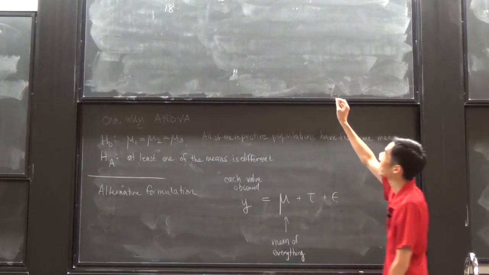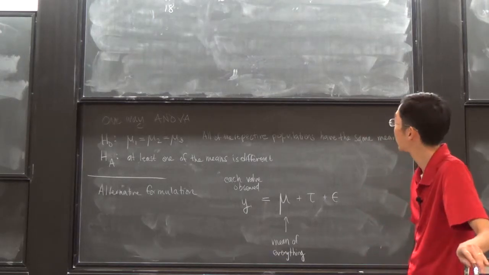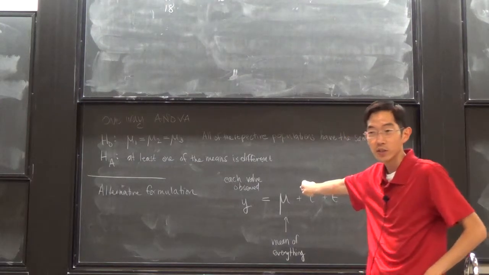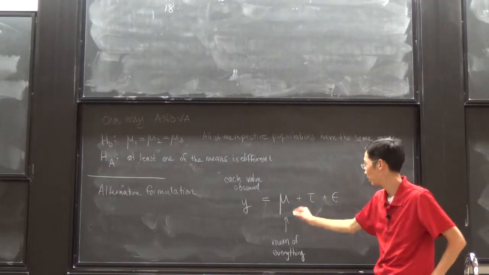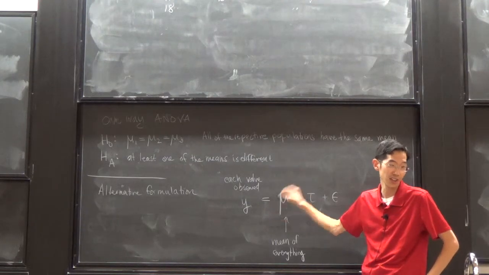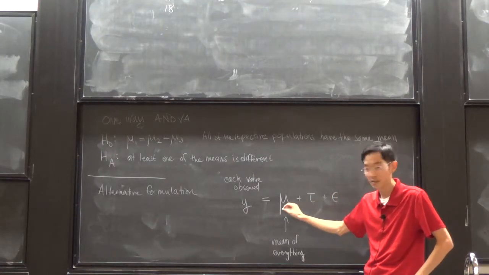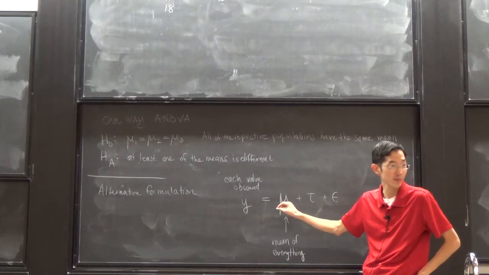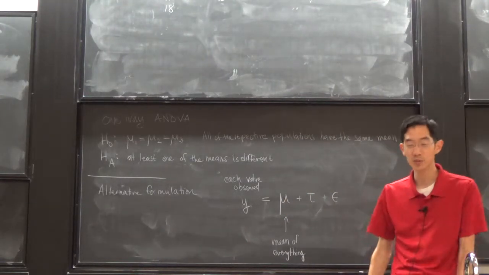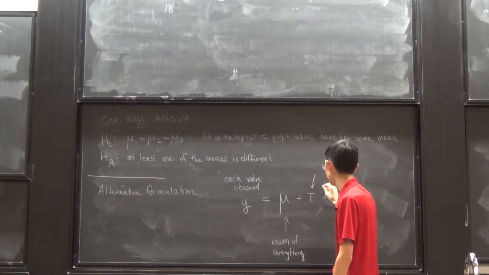So in our case, we have the amount of weight that lambs gain under 3 different diets. In this alternate formulation, this would be the mean weight gain of all lambs. Okay, whether they're on diet 1, diet 2, or diet 3, this is the mean weight gain of all lambs. So maybe the mean weight gain is whatever, 13 pounds or something. Tau, there's a different tau.